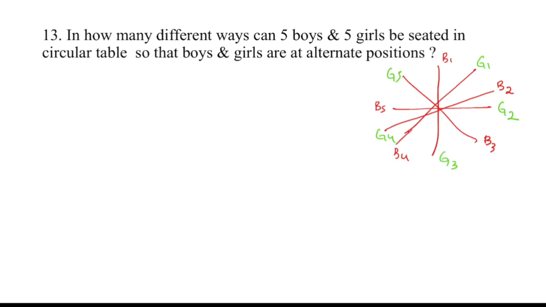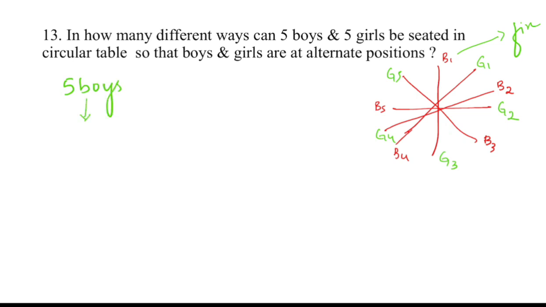So when we have to arrange in this way, what we have to do: one person we have to make fixed. I told you, always, for any number of people, when we are arranging them at a circular table, one person has to be fixed. You can either fix boy 1 or girl 1, any one you can fix. So fix this boy. So one boy is fixed. So 5 boys can be arranged in how many ways?